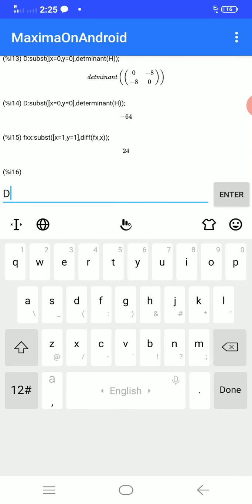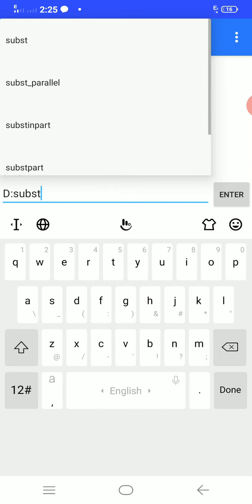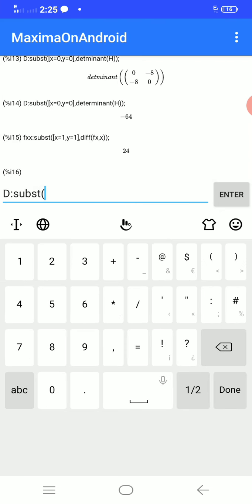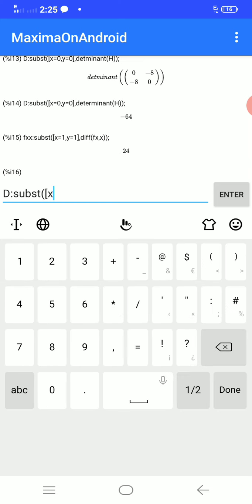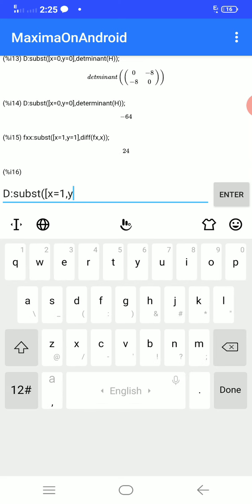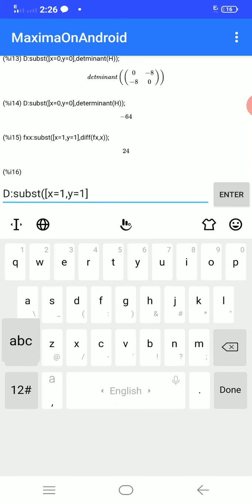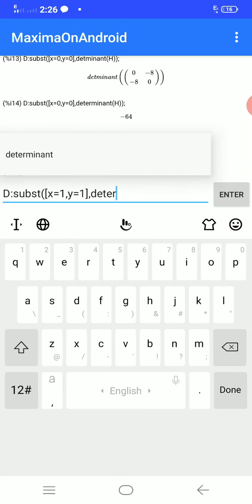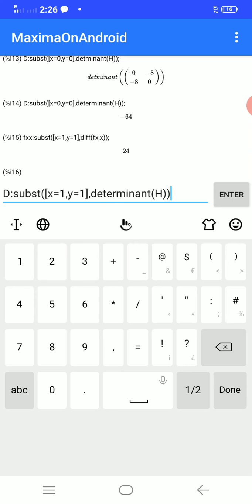Next we have to find the value of D using colon, subst open bracket in close bracket x is equal to 1 comma y is equal to 1 bracket complete comma, determinant of capital H bracket complete, then enter.